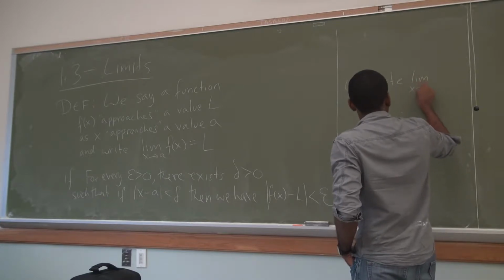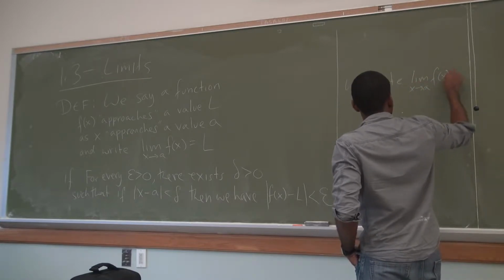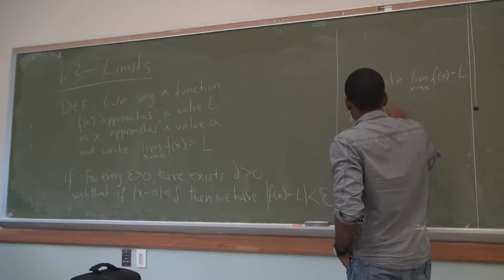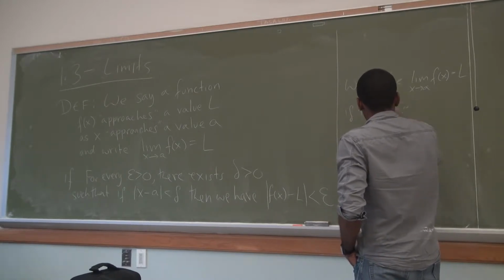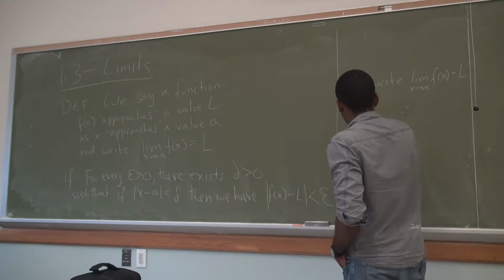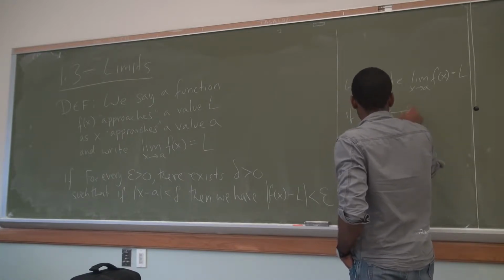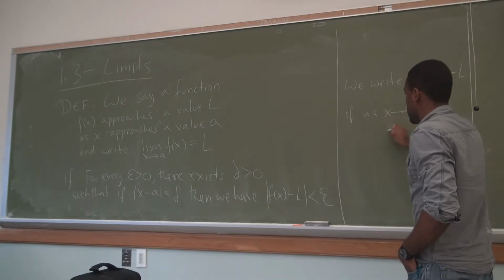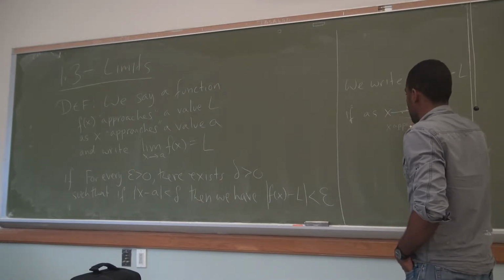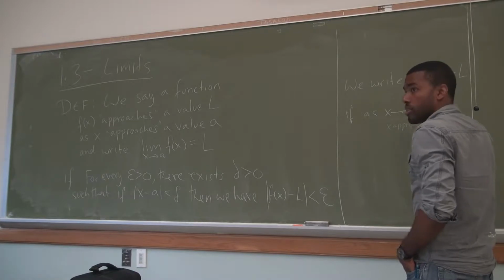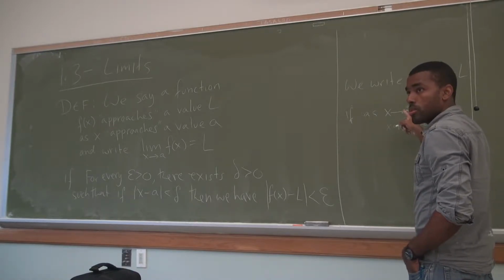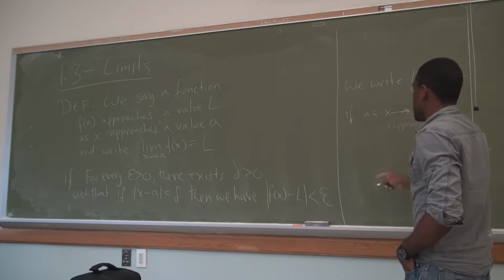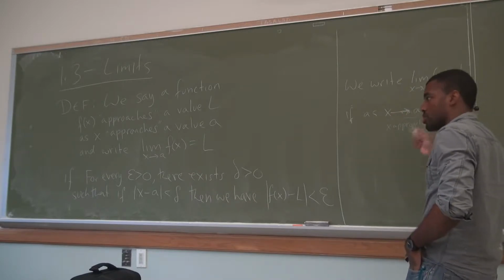the limit as x approaches a of f of x equals L if, as x approaches a, this just means x approaches a. Have you guys seen this arrow symbol before? It just means x approaches a, it gets close to a.